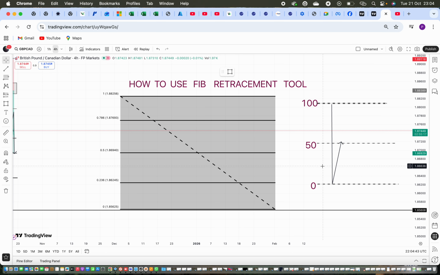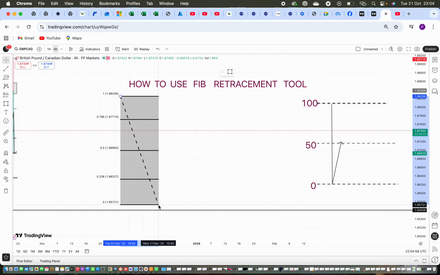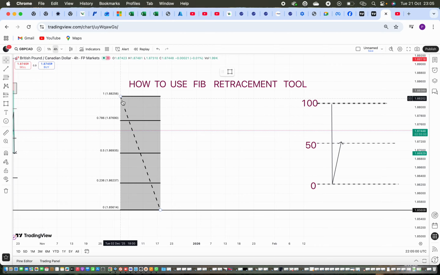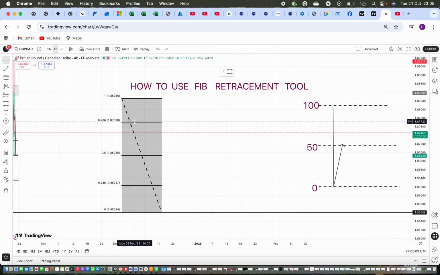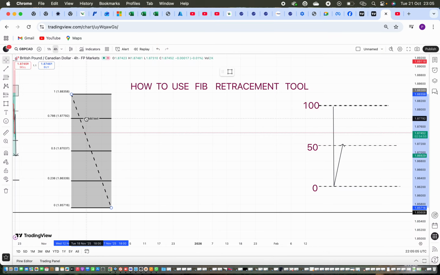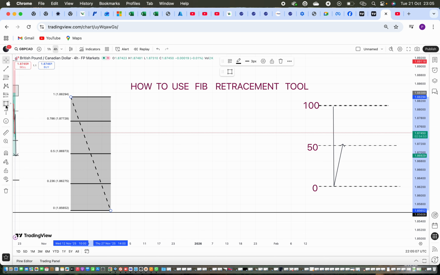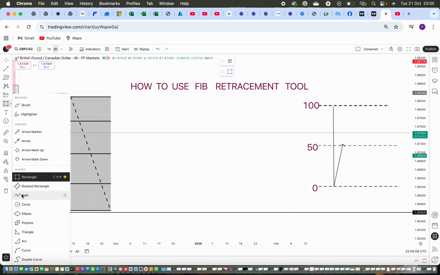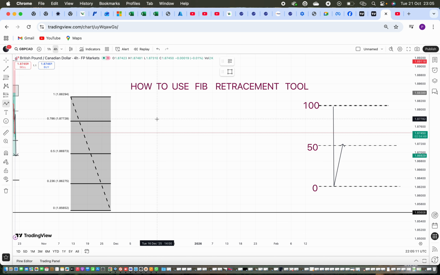So now what are we trying to achieve with this Fibonacci or Fib tool in the forex market? Most of the time, 80% to 90% of the time in the forex market, after every break of market structure, we expect the price to give us a pullback. If you've not watched our video on market structure, please go and watch it.